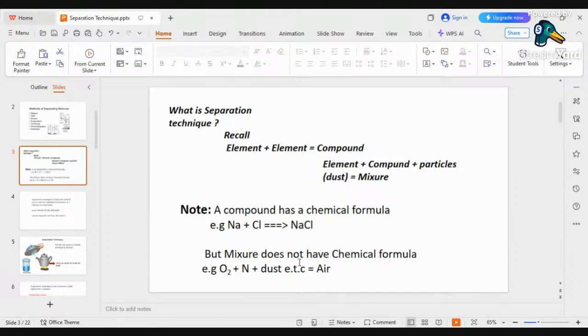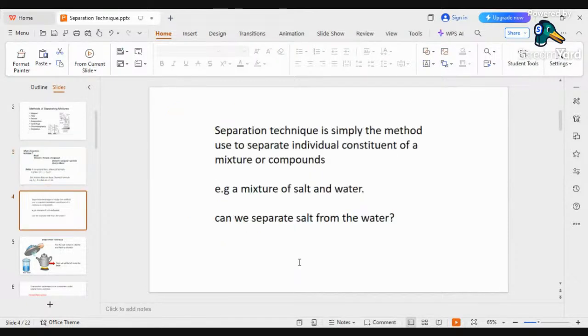You guys understand? The method we apply to remove oxygen from air is what is known as separation techniques.